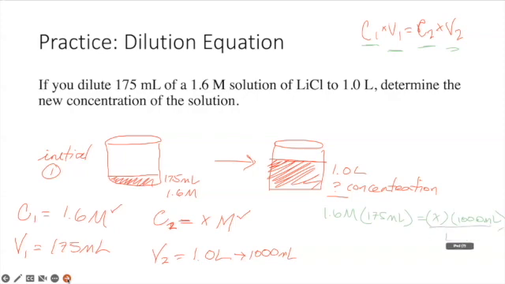I'm going to divide by 1,000 on each side to get X by itself. And after I plug this into my calculator, X equals 0.280 molar.